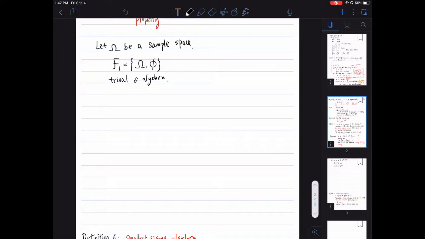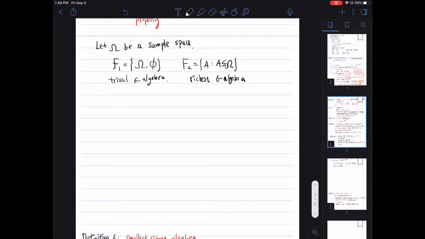And we can also create a somewhat more complicated space where we include all of the subsets of omega. In this case, we essentially have a power set, and it consists of all subsets of omega. And conceptually, it is going to be the richest sigma algebra ever.